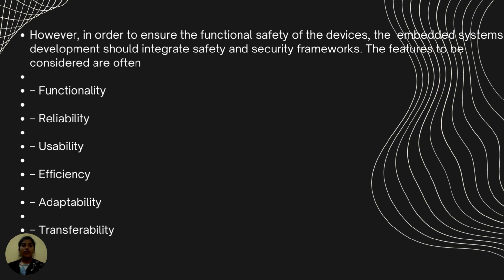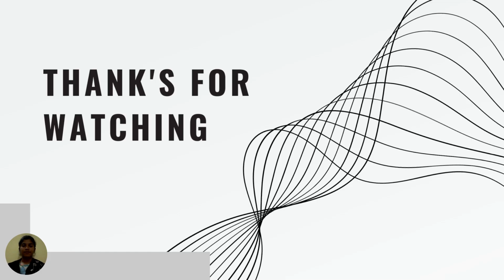So, in order to ensure the functionality and safety of a device, the embedded system development should integrate safety and security frameworks. The features to be considered are often functionality, reliability, usability, efficiency, adaptability, and transferability.